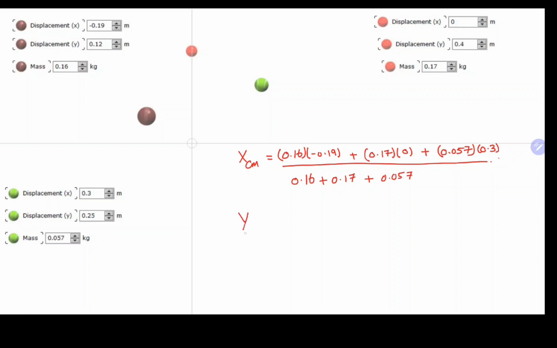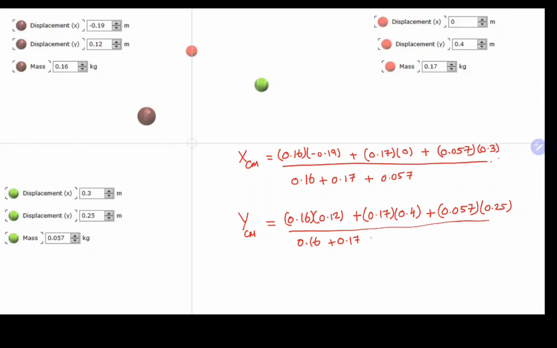Now y center of mass, in this case again, it's 0.16 times the y position, 0.12 meter, plus for the second one, 0.17 times the y position, 0.4, plus for this one, 0.057 times 0.25 meters, divided by the total mass, 0.16 plus 0.17 plus 0.057.